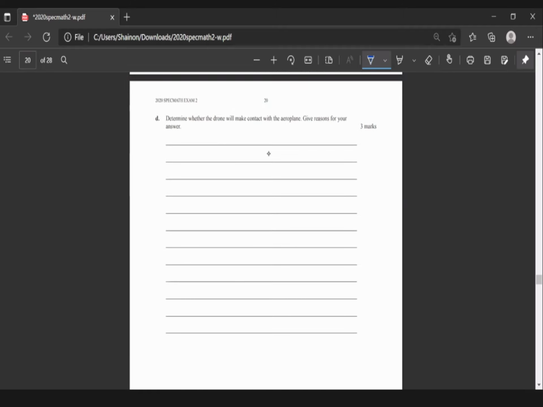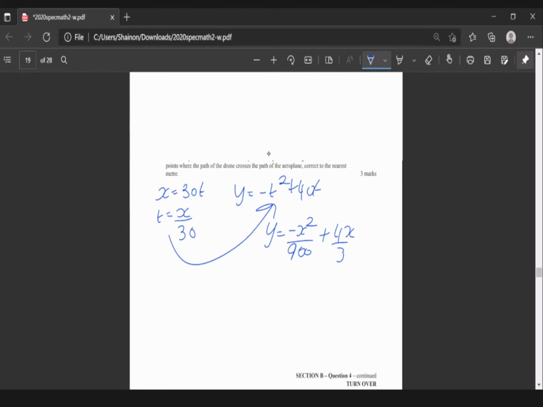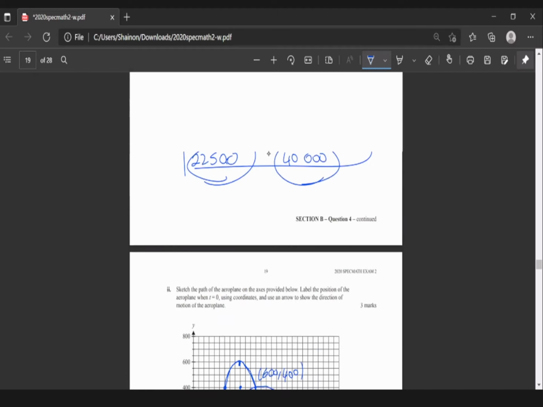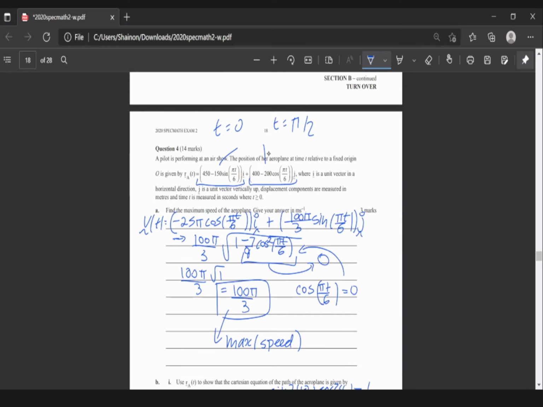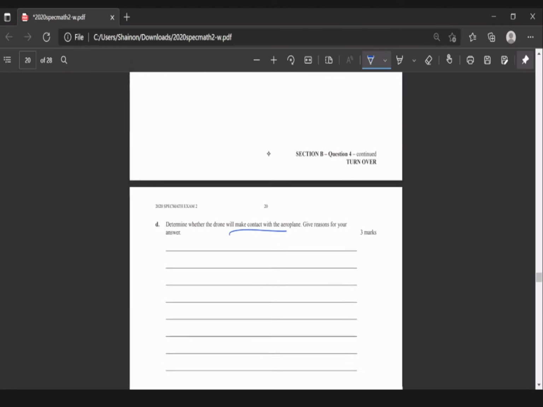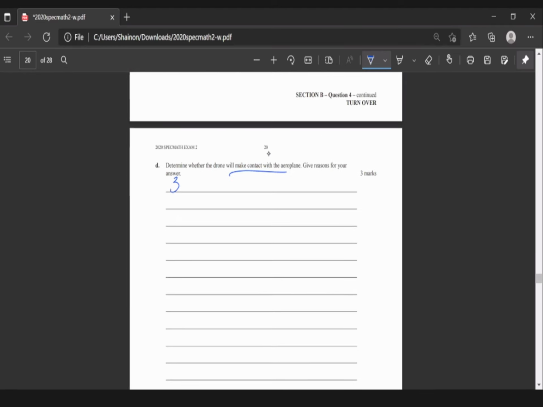Determine whether the drone will make contact. If it's going to make contact, it's going to have the same position at the same time. They can have the same position at different times, but they won't come into contact. So we just let 30t equal the x of this function. So 30t equals 450 minus 150 sine pi t over 6.